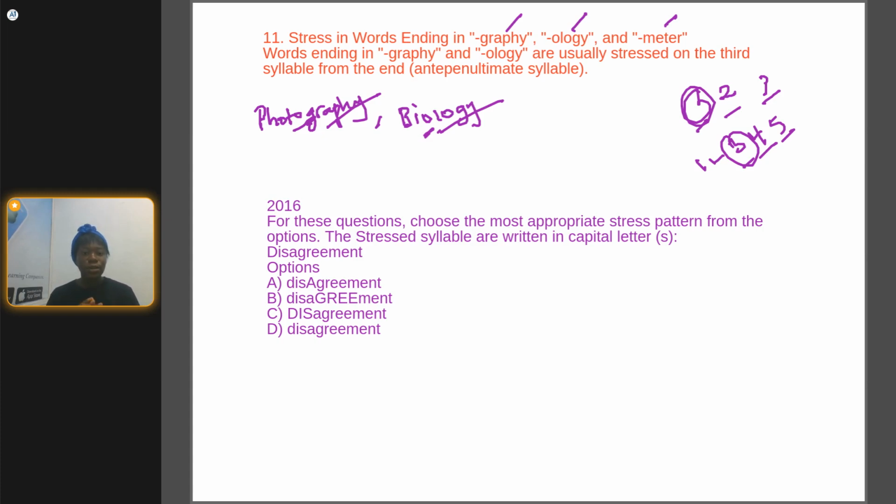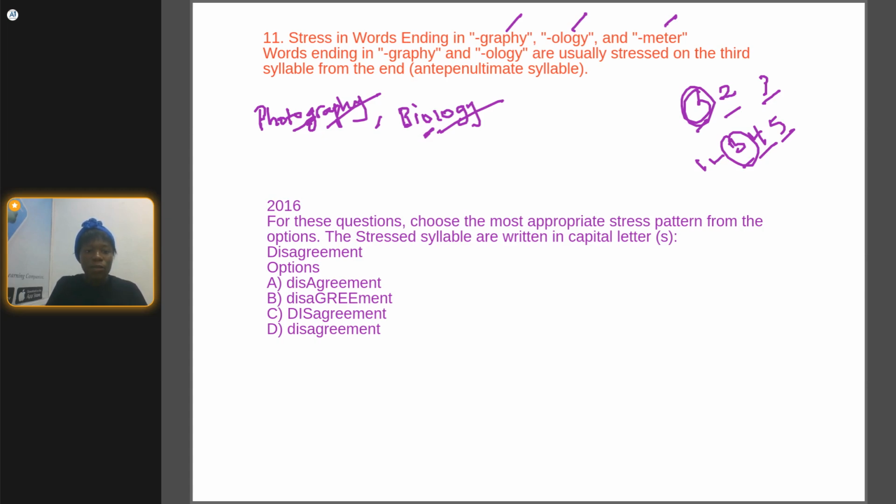The stressed syllables are written in capital letters. Like I mentioned at the beginning of the class, when you see a syllable written in capital letters, that means they're implying that that's the stressed syllable. So you have to choose which one.